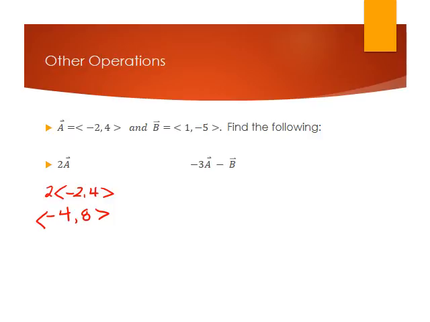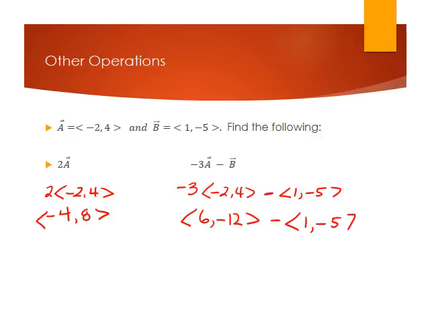For -3 times A minus B, I'm going to do -3 times <-2, 4>, and then subtract vector B, <1, -5>. So that's going to give me <6, -12> minus <1, -5>.